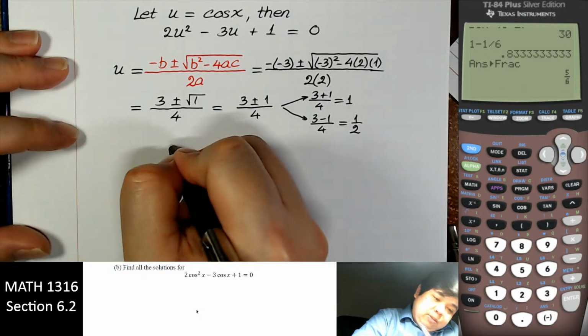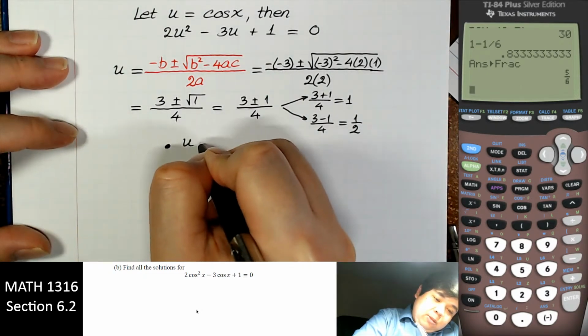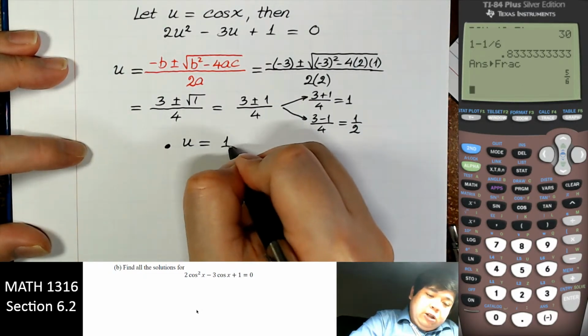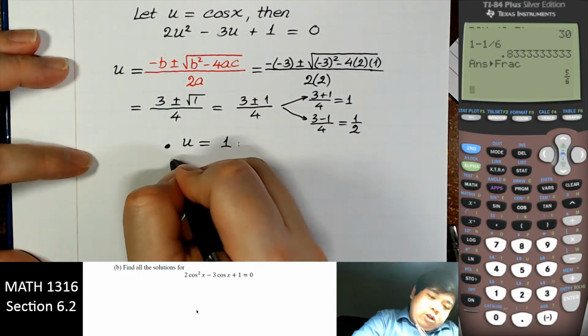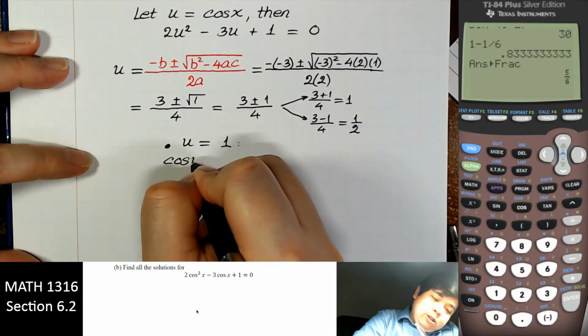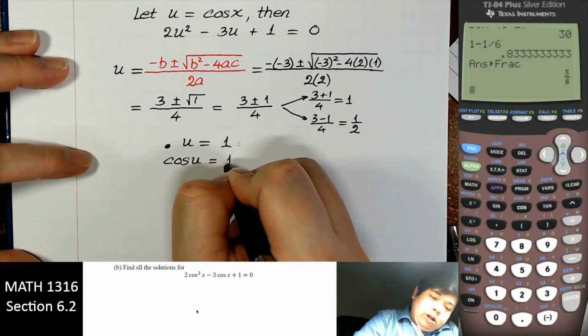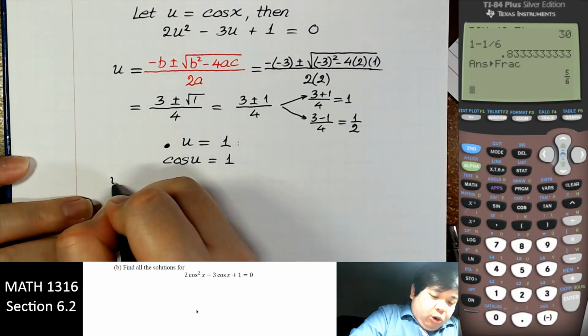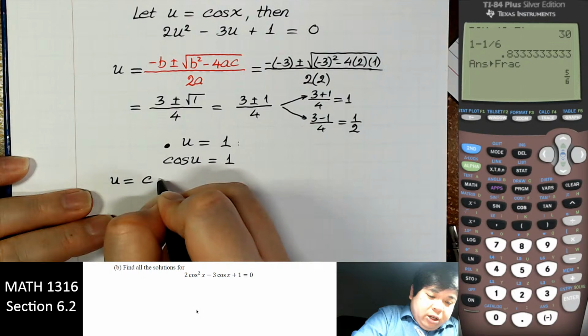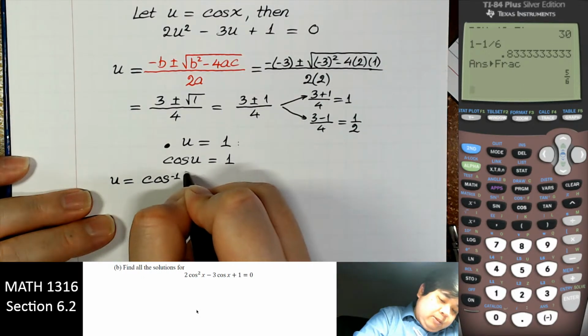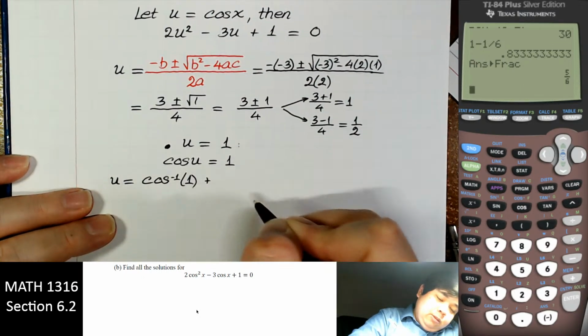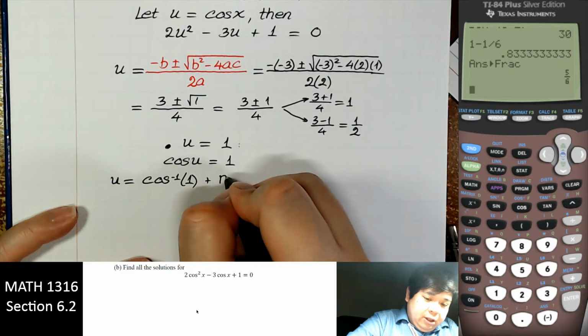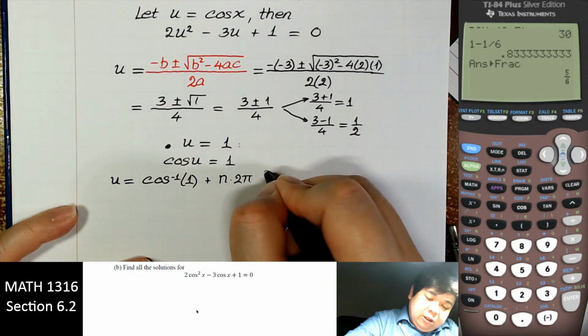So first, for u equal to 1, we have cosine of x equal to 1. For cosine or sine doesn't matter. First thing is always the inverse, plus n times 2 pi.